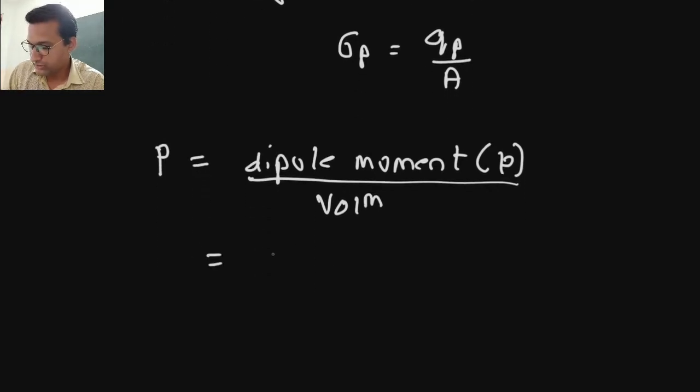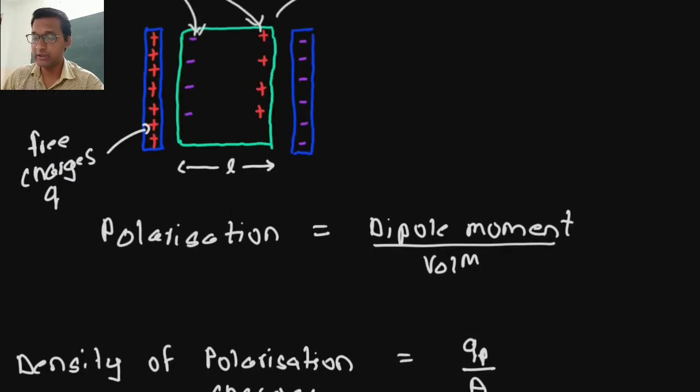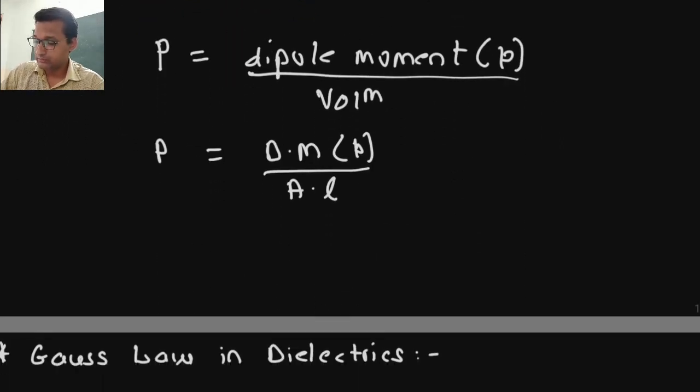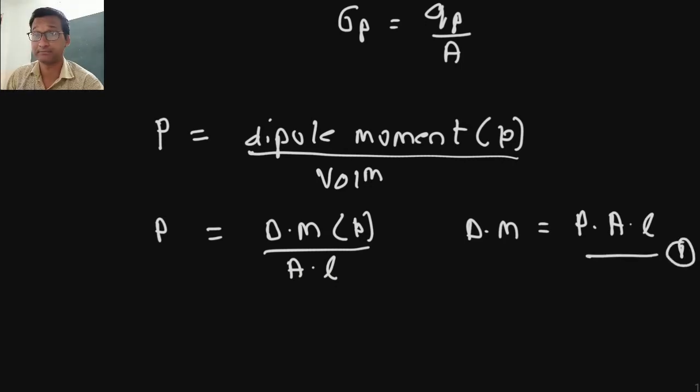Volume means area into length. For that slab which we are talking about, the volume will be length into area. So the dipole moment will be equal to polarization into area into length. Let us say this is equation number 1.